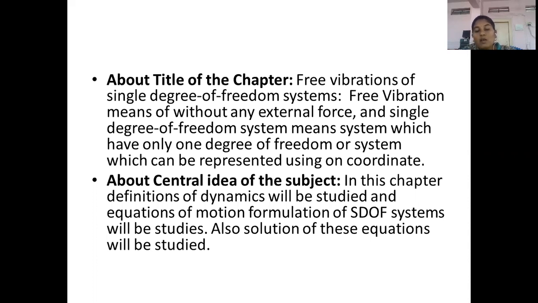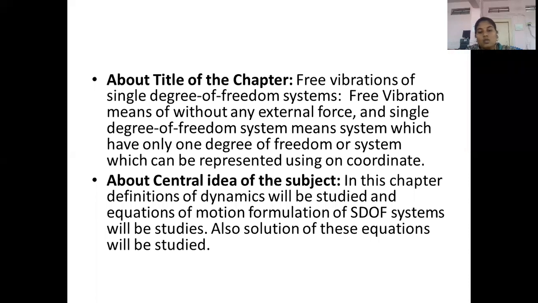Second is the equation of motion and its formulation.